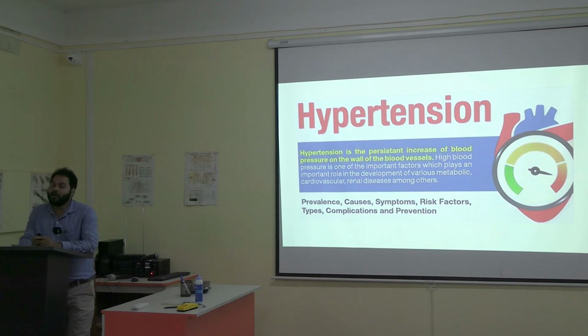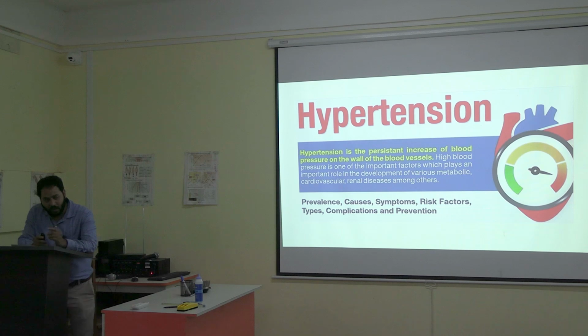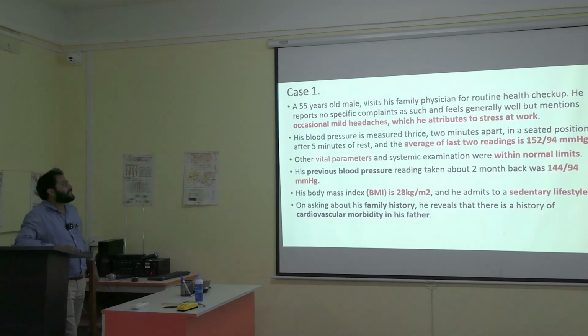Here we will try to explain the possible causes, the factors and the mechanisms, and how all these things are related to the development of this pathological condition called hypertension. So now let me start with the case.